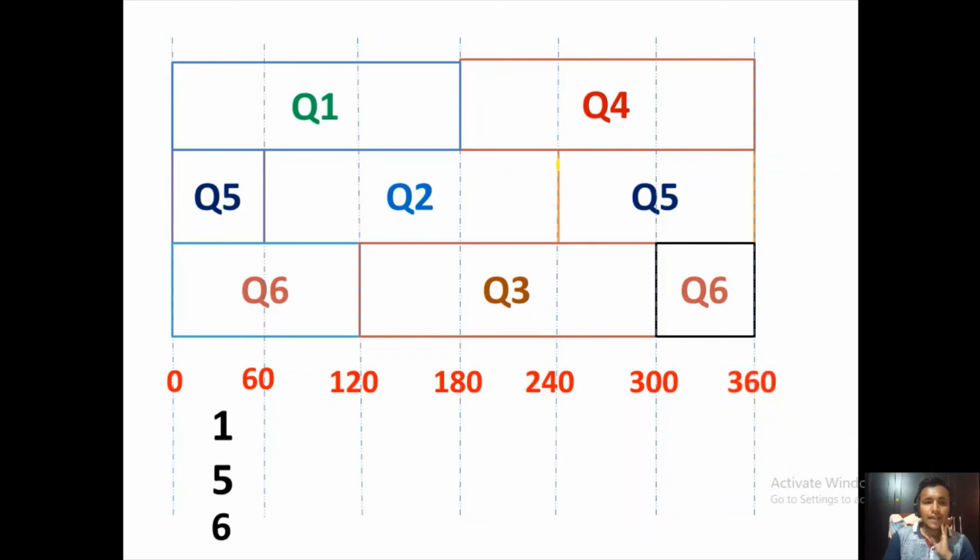Now in the second mode you can see Q1, Q2 and Q6 are on. So we can say that in this mode 1, 2 and 6 are on. Similarly in the third mode, that is 120 to 180 degrees, Q1, Q2 and Q3 are on.